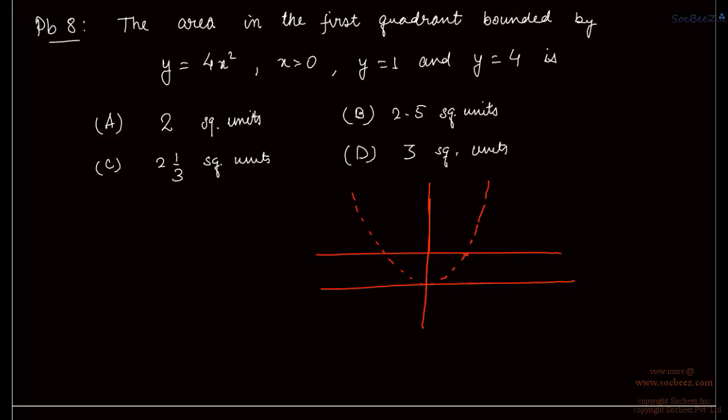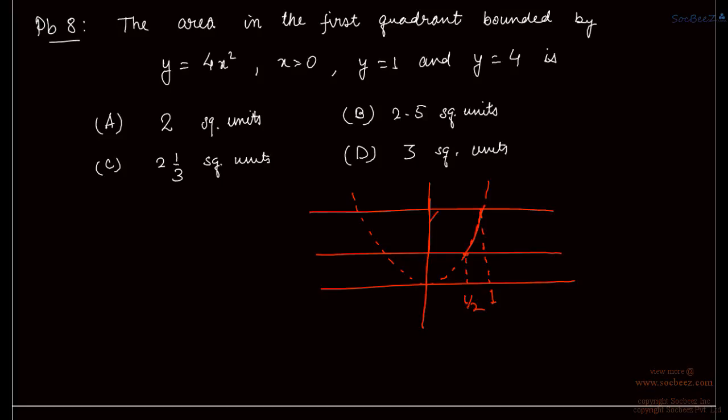The line y is equal to 1 cuts this curve at y is equal to 1, that means x is equal to 1 by 2. And y is equal to 4 cuts at x is equal to 1.